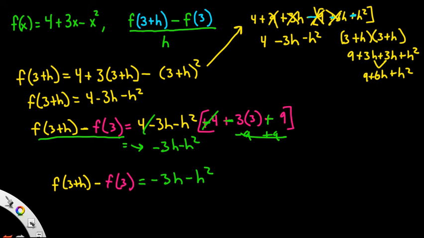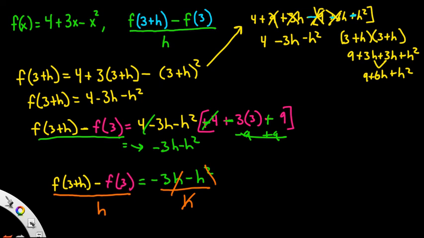So now we throw the h over there, and we do the same on this side. So we throw an h over here. Well, you can cancel that h, and then of course you can cancel an h off of here, and so what you're left with is negative 3 minus h.